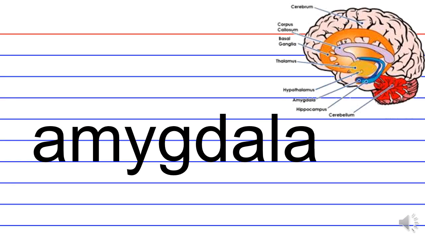All right, you probably guessed it. That would be the amygdala. Okay, so the amygdala, which is this little peanutty thing right here, is the brain structure that recognizes facial expressions associated with fear.